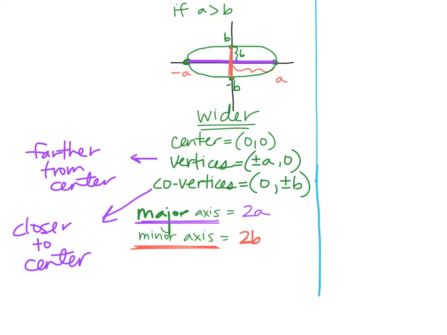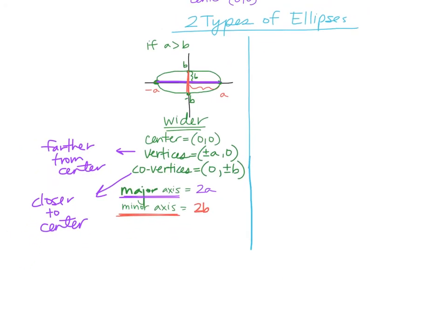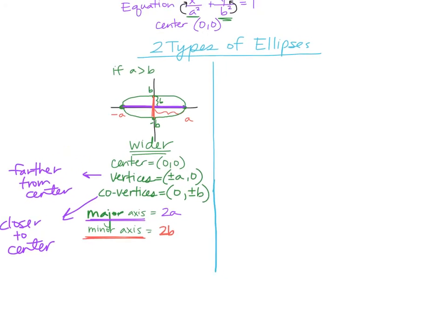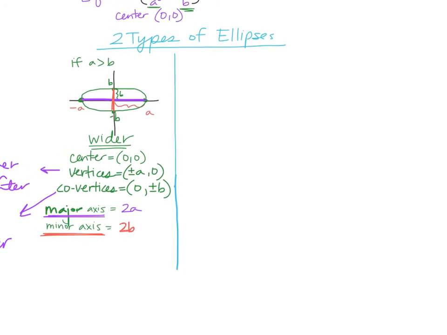Something to note, and this goes for both of them, but let's not go there yet. Let's go to the other side, and then we'll come back to the things about both of them. This side is if A is less than B. So let's say we draw a picture here.